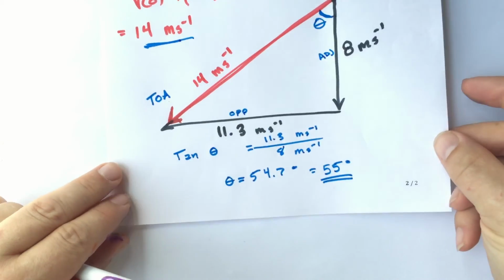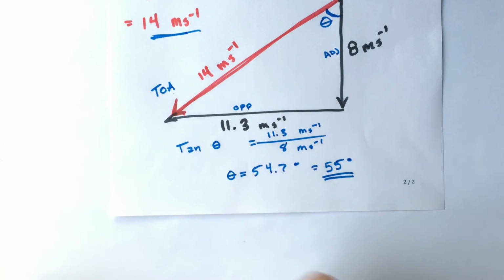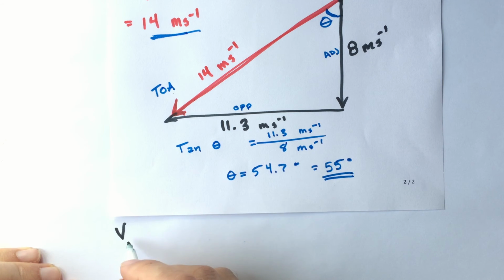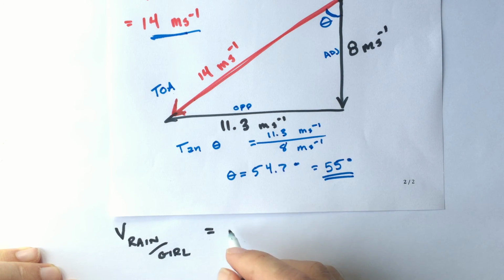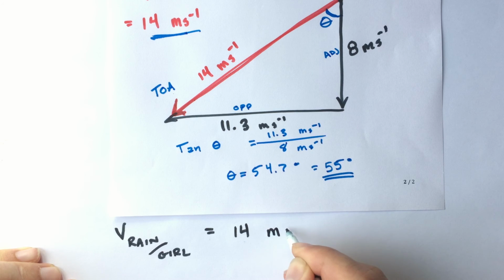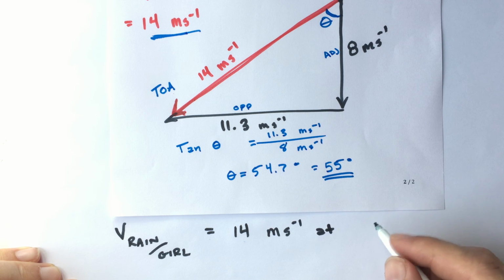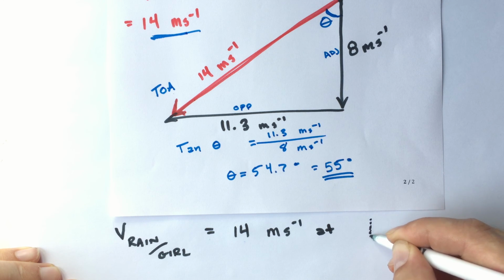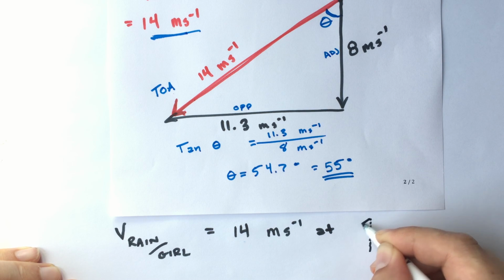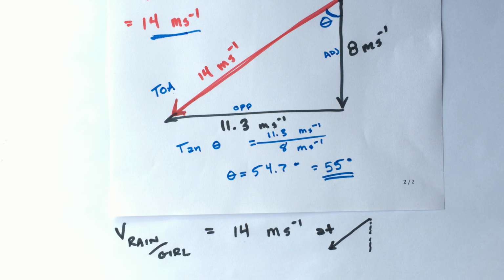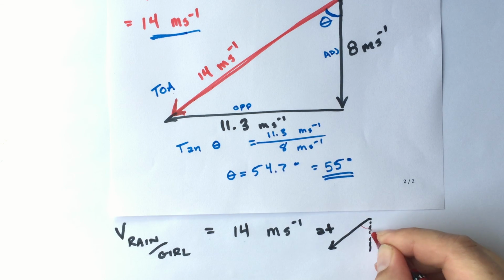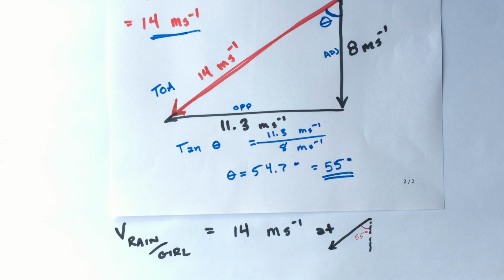And I think it makes sense to represent this by saying that the velocity of the rain relative to the girl is equal to 14 meters per second at an angle of 55 degrees, but we're talking about this angle here. So I'm going to draw a dotted line, draw a vector, and make clear that this is the angle that I want right here, 55 degrees. All right, that'll do it.